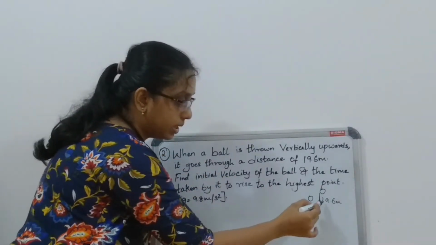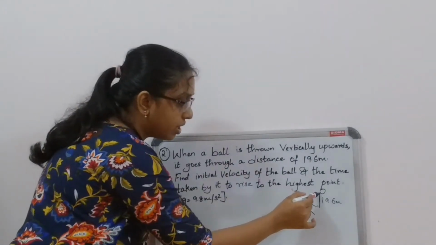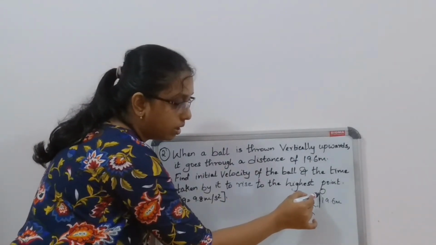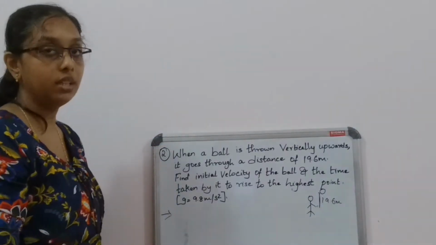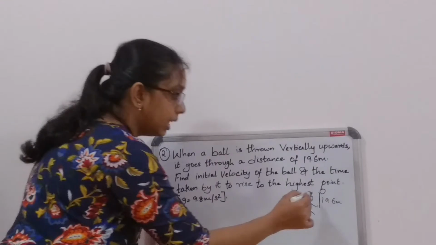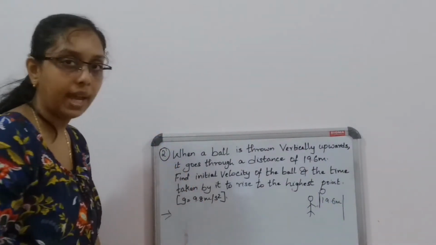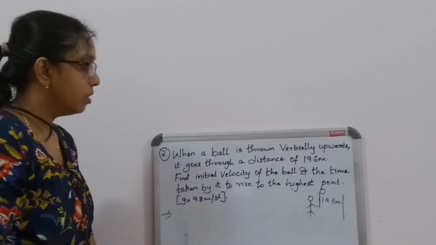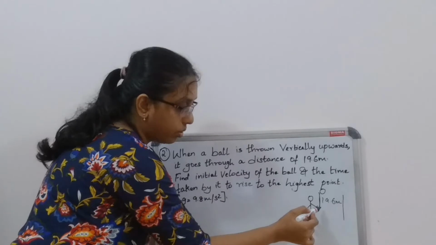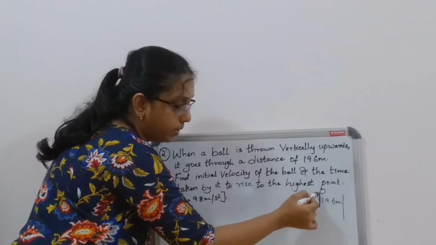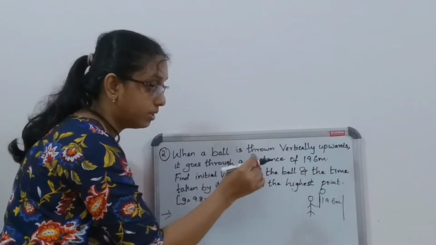It goes through a distance of 19.6 meter, and then after reaching the highest point, it again falls down due to gravity. It comes to that man's hand. So from this we can understand, the ball thrown upward is not staying in the air.